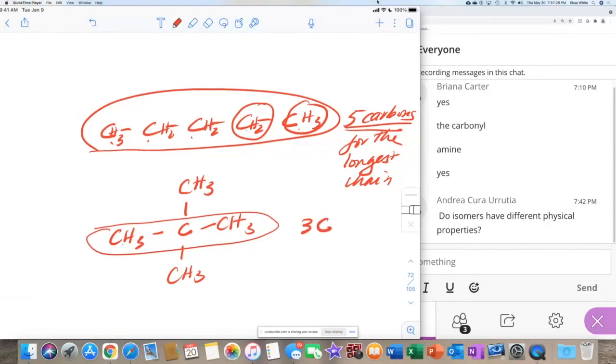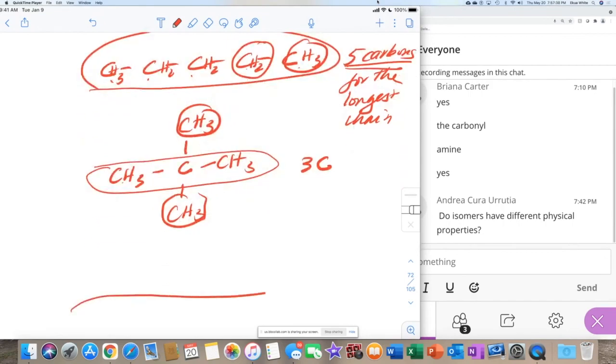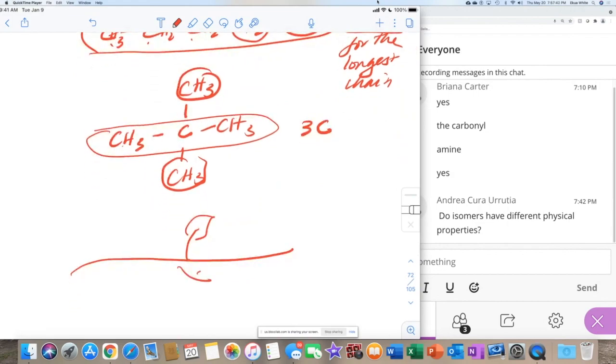These are 3 carbons. And then the 2 remaining carbons look like leaves coming from a branch. So this one here looks like a branch, and then the ones on the side look like leaves coming from the branch, right? So these are essentially your side groups.